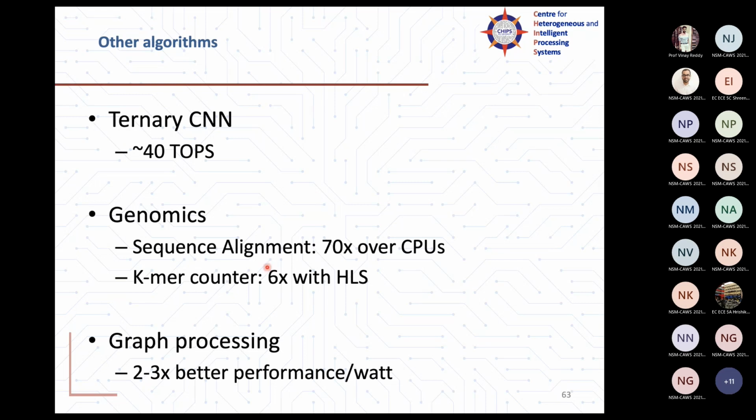And then, some other applications that we tried at our end, even without heavily coding in hardware, even a C-like program gives you orders of magnitude better performance. The same is true for graph processing.